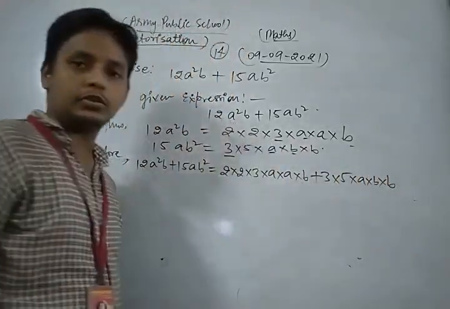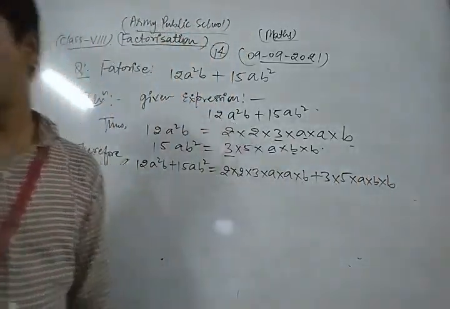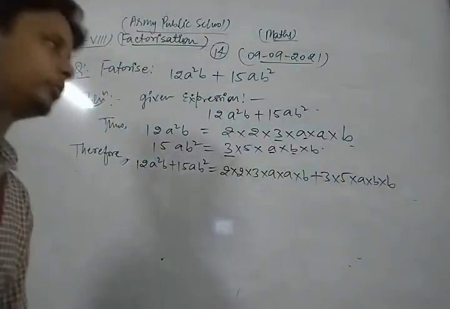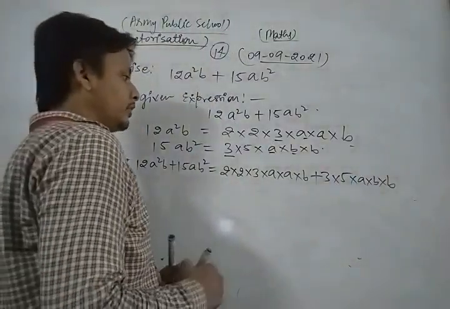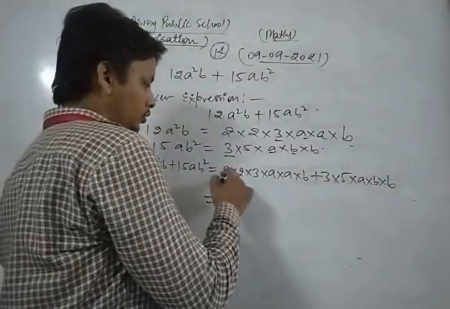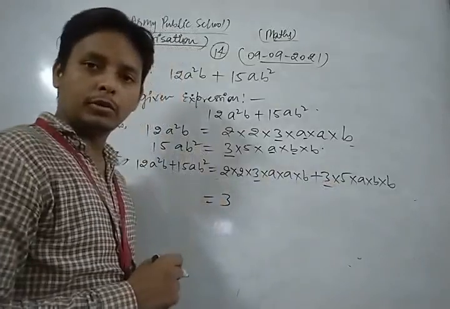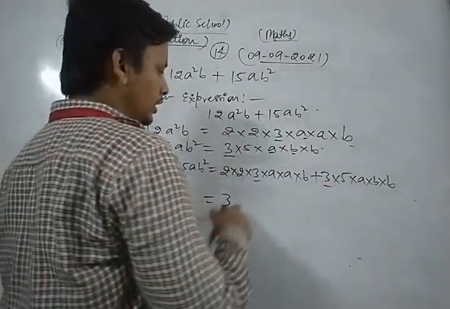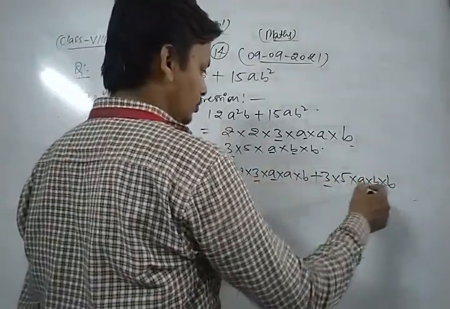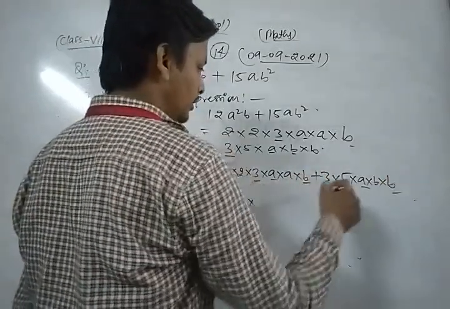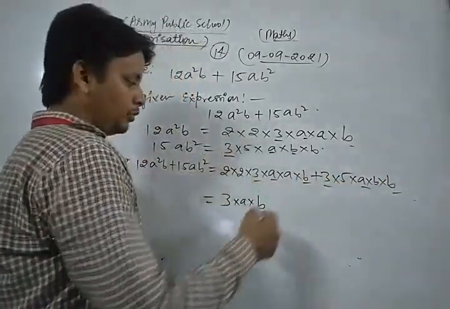Now we take common terms. Now we take their common factors. 3 is the common factor, so we take 3 common out from both the terms, and one a is also common and one b is also a common factor in both the terms.